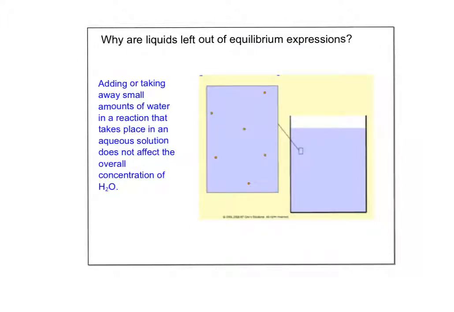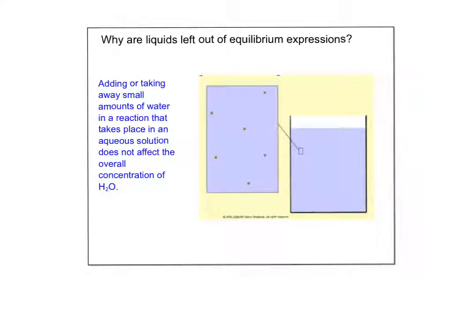The reason, for you why kids, that we leave out liquids is because if we take out, let's use water as our example, if we add or take out water with this reaction happening in aqueous solution, it does not really change the concentration of the water, right? That's not impacted because there's tons of water everywhere. So removing or adding a liquid is not impacting the concentration at all.